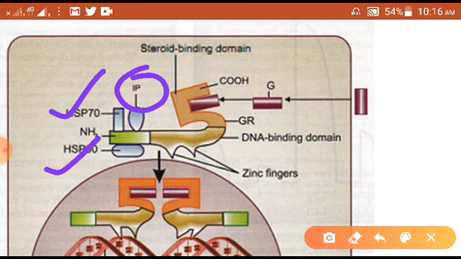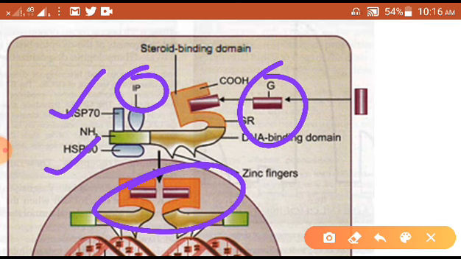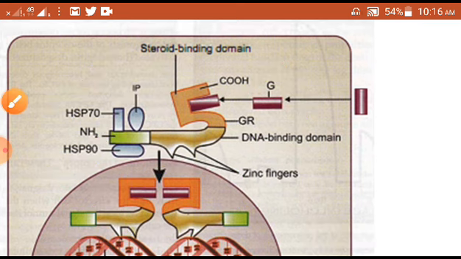Once they are removed, the receptor is free to act on the DNA. As I told you, it is a highly regulated process. Anything cannot come and bind with the receptor and change the DNA. That's why these controls are there. These controls will define which things to allow and which not to allow.